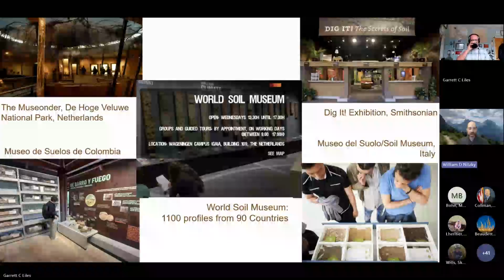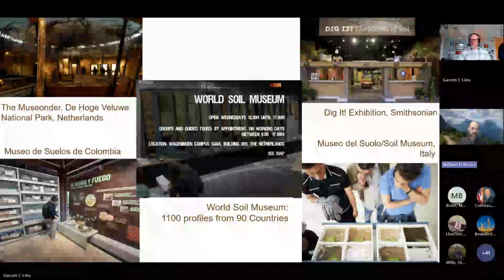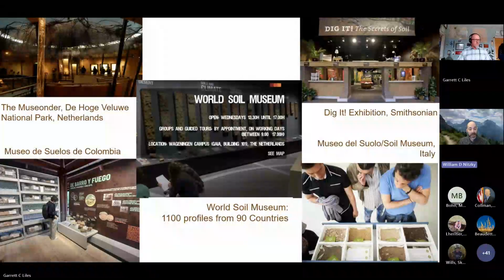We also have an institution in Italy, and most recently I found that there's a soil science museum in Thailand. In the United States, you're probably most familiar with the Dig It exhibit that the Smithsonian put together, which has actually become an interesting traveling exhibit as well. All of this lends itself to the idea of how we can reach public audiences through a platform, be it a museum or a publicly accessible archive.